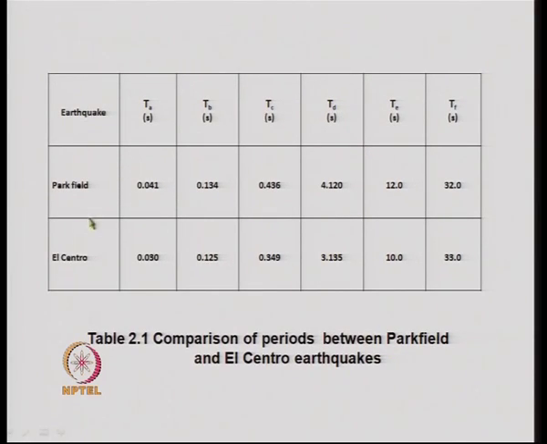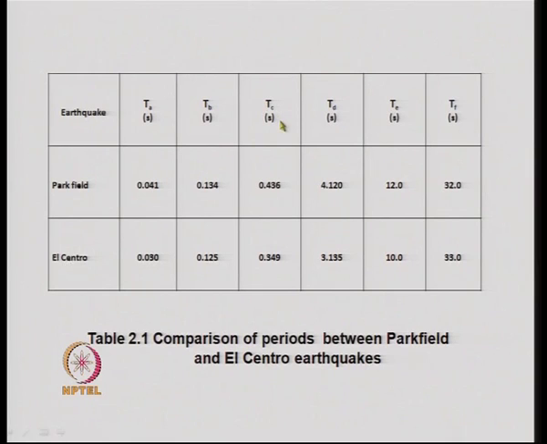For the Parkfield earthquake and for the El Centro earthquake, one can see the TA value was 0.03 for Parkfield and 0.041 for El Centro. For TB, it was 0.134 for Parkfield and 0.125 for El Centro.